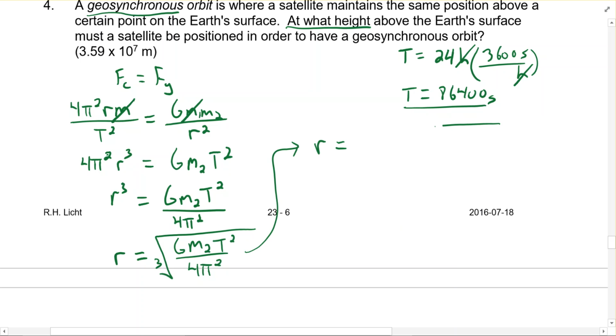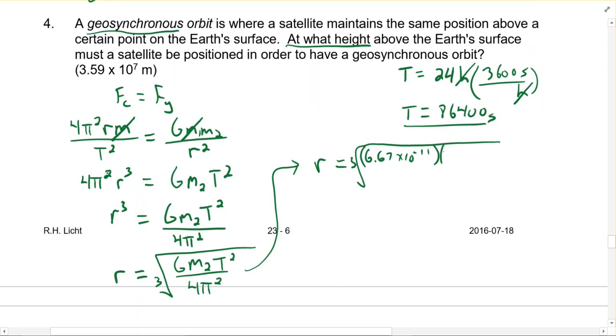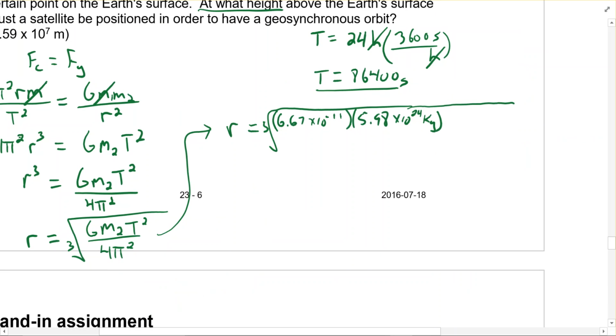So r is going to be equal to the cube root of 6.67 times 10 to the negative 11 times the mass of the Earth, which is 5.98 times 10 to the 24 kilograms. And then these get pretty long.